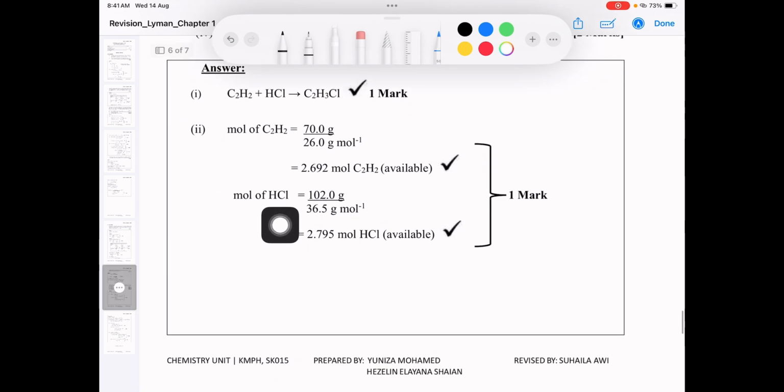Next, calculate the number of moles of HCl: mass of HCl divided by the molar mass of HCl. So moles of HCl is equal to 2.795 mole HCl. This is the number of moles of HCl available. So both correct for the number of moles of C2H2 and HCl, 1 mark.